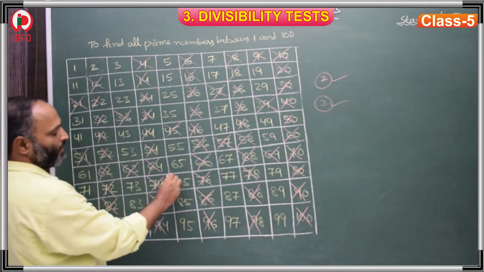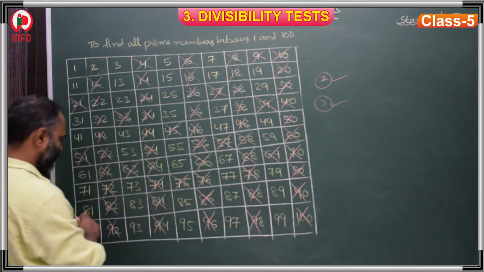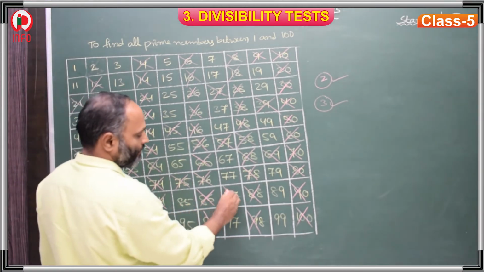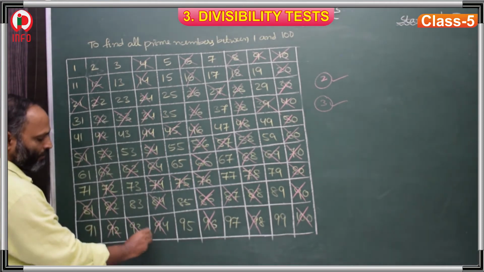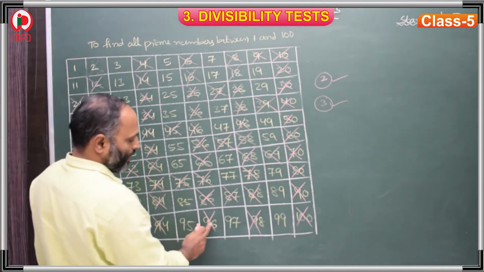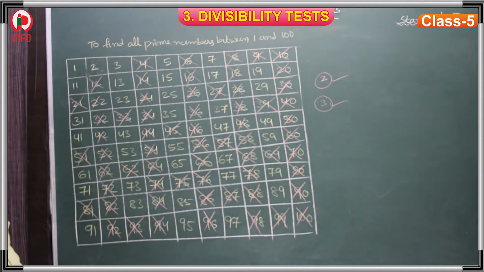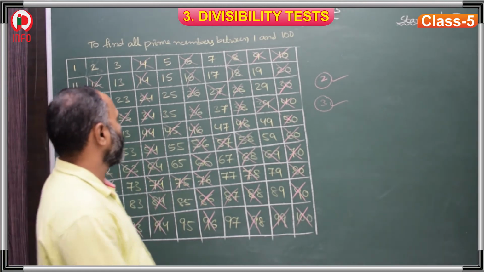The multiples of 3 get cancelled. No need to check 4 also. Now 5.